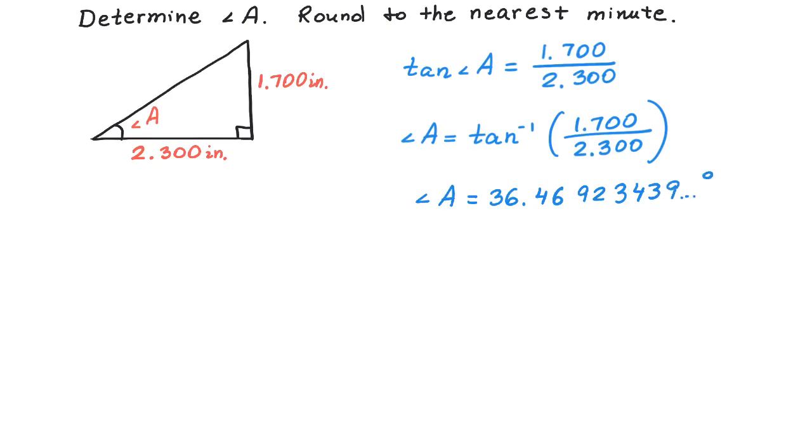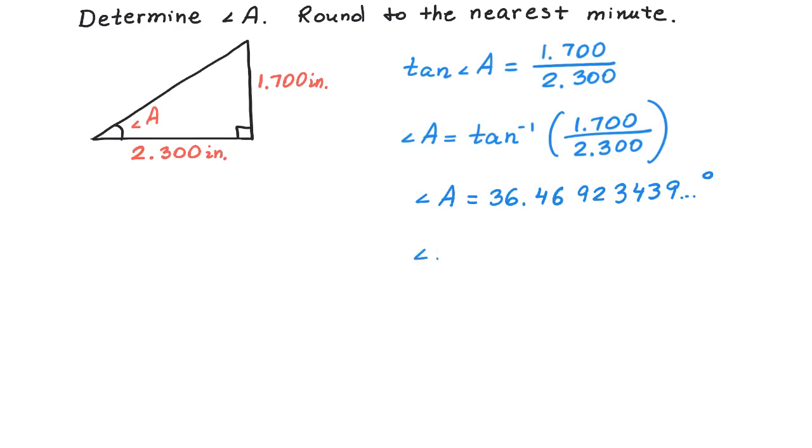We are asked to round this answer to the nearest minute. This means that we have to convert this angle into degrees and minutes. On my TI-84 calculator, I pressed second, angle, and then I chose DMS, degrees, minutes, seconds.